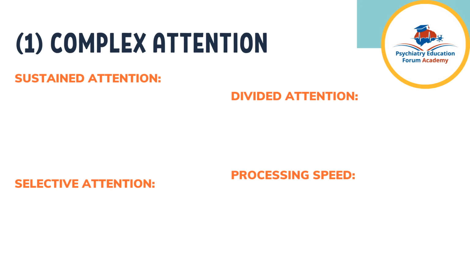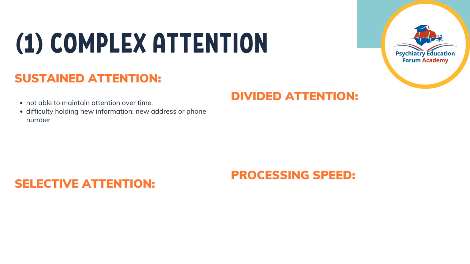So what is sustained attention? Well, it's the ability to sustain attention over a long time, also known as vigilance, like how vigilant you are over the course of time. And if you go by examples, a person will say they're not able to maintain attention over time.